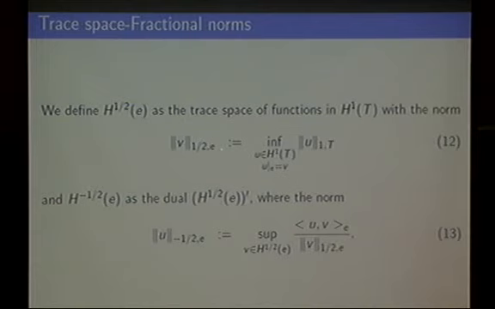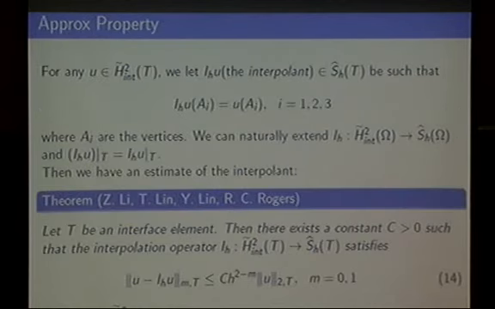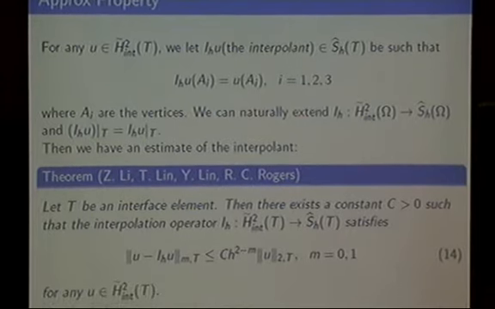So the one-half norm is by definition the infimum of the U one-norm, where U belongs to the H1 Sobolev space, and then we need its dual, and then we need to estimate the operator norm between these dual spaces. This is very technical actually. We also need the interpolation error, but fortunately people previously proved the interpolation error, so that is good.